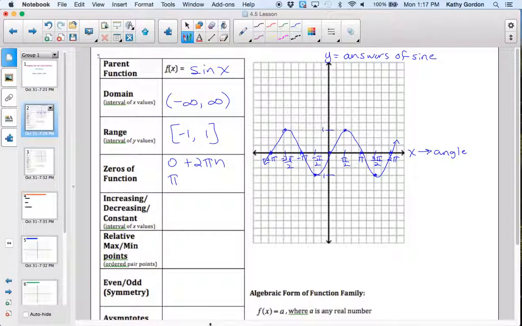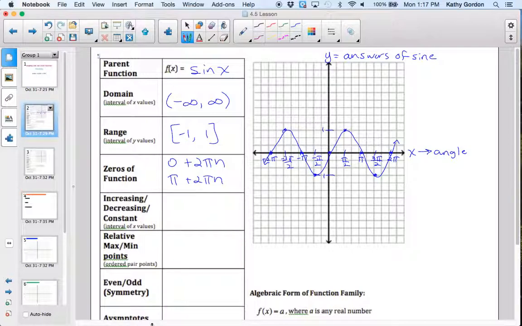Okay? So for any x values where things happen, the way to show the repetitiveness and actually represent all of them is to add this 2 pi n expression. And when you're adding it to 0, if you want to drop the 0 and just say it's 2 pi n, that's fine.